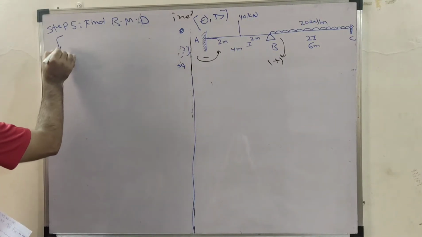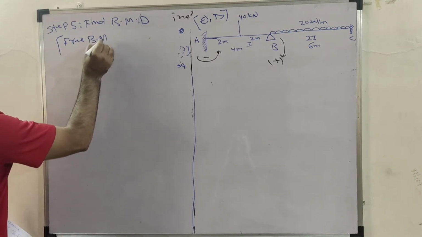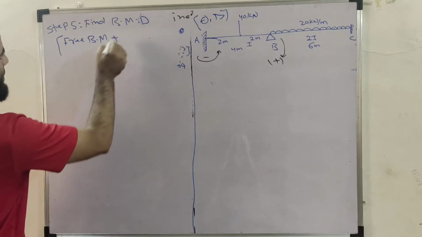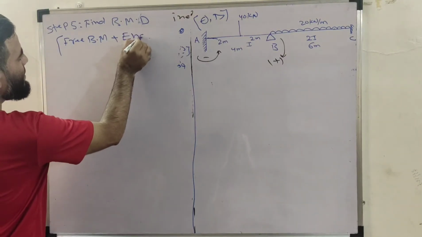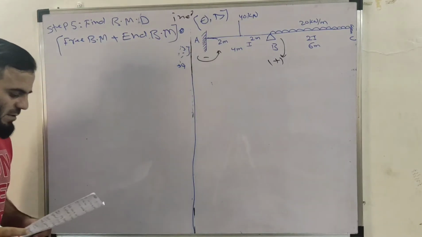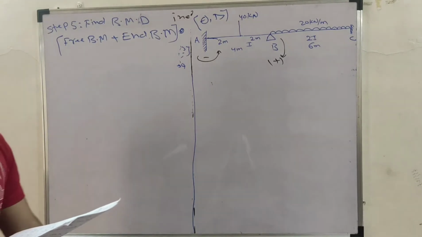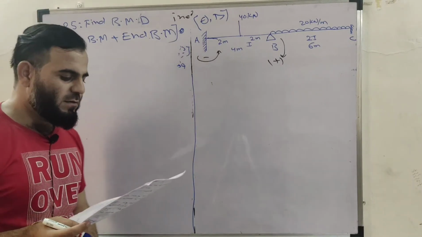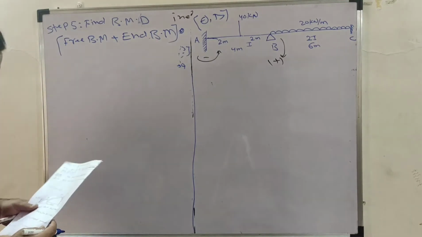In brackets I will write free bending moment plus final or end bending moment. One is due to the point load, and one is due to the UDL.